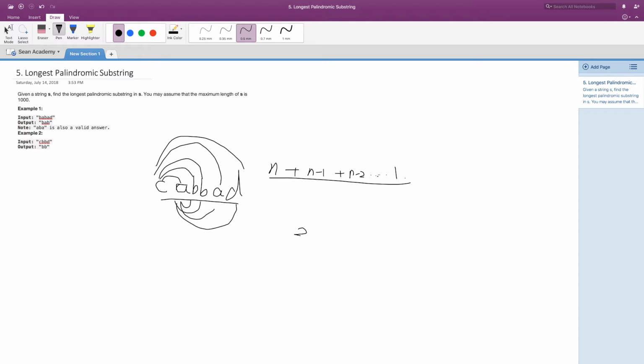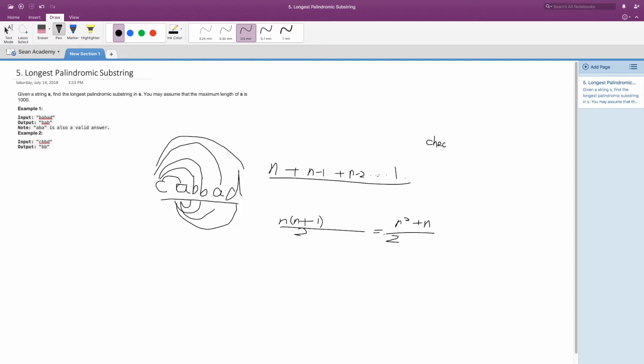That is n times n plus 1, the first thing plus the last thing, divided by 2, which equals n squared plus n over 2. And this is the complexity of enumerating the substrings.